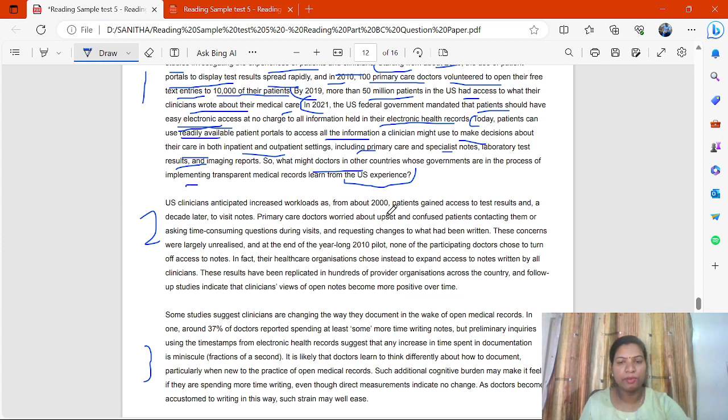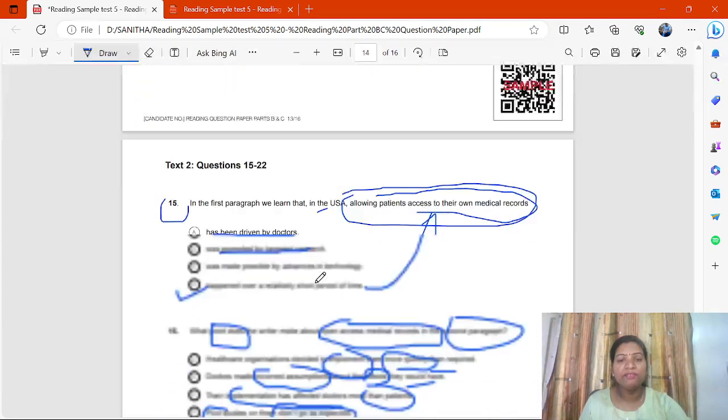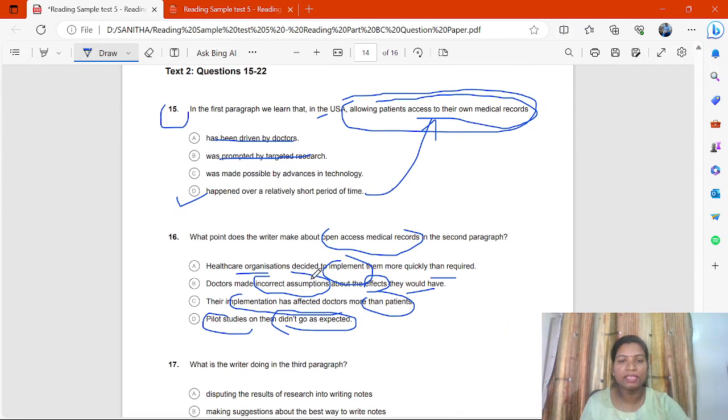Increased workloads from about 2000, patients gained access to test results and visit notes, primary care doctors worried about these concerns, which were largely unrealized at the end of the year, none of the participating doctors chose to turn off access to notes. Is it said anywhere that healthcare organizations decided to implement it more quickly than required? No. Okay, then eliminate that option. Okay, you got it? What I am telling you, you eliminate that option.